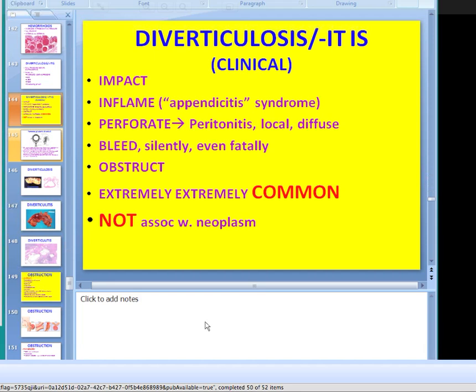Diverticula are really, really common. Folks, I guarantee if you live to be as old as me or even older, heaven forbid, you're going to probably have diverticula. The one thing that they don't do is turn into cancer. However, from a surgeon's point of view, they can look like cancer on radiology, on a GI series. They can even look like cancer after the surgeon resects that portion of bowel.